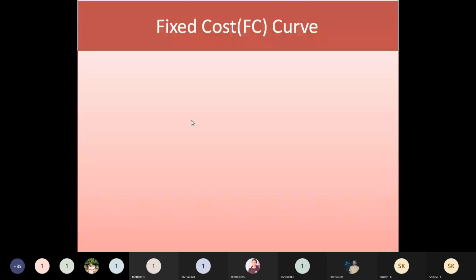So you can show this in a curve. To show this in a curve, you take the x-axis and y-axis, and on the x-axis you have to show the output, and the cost should be shown on the y-axis. Always we show the output, the quantity, on the x-axis. You might have observed, right?